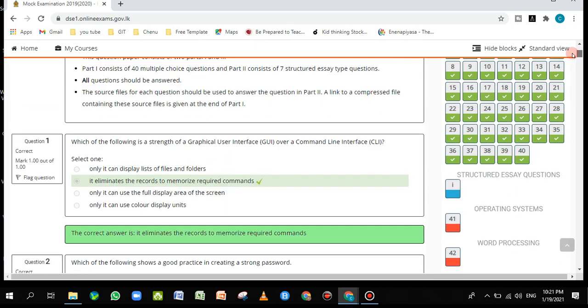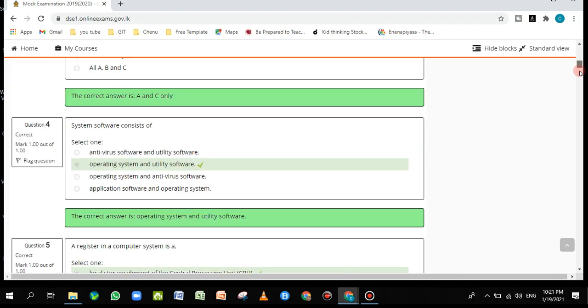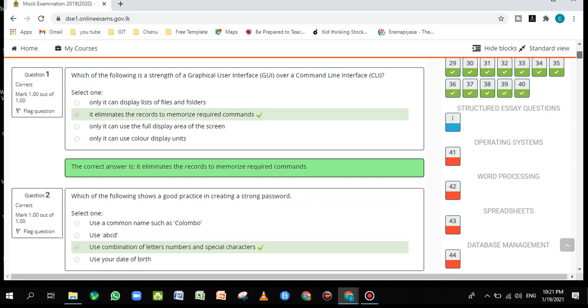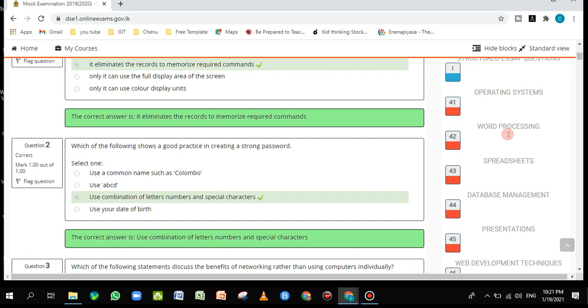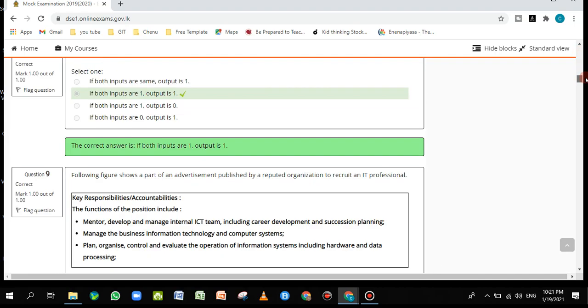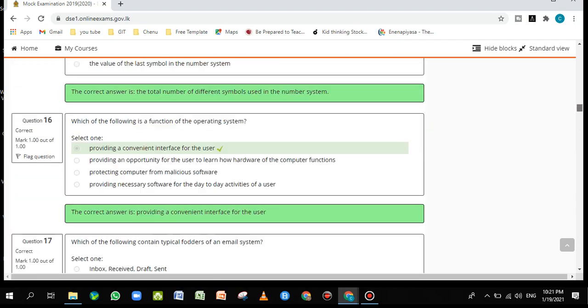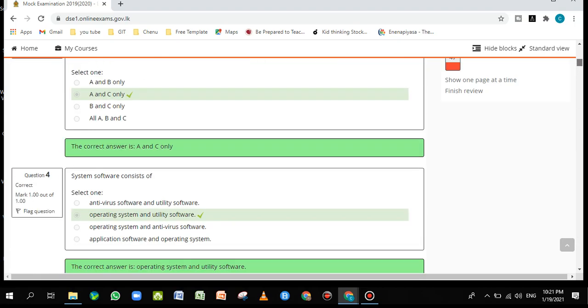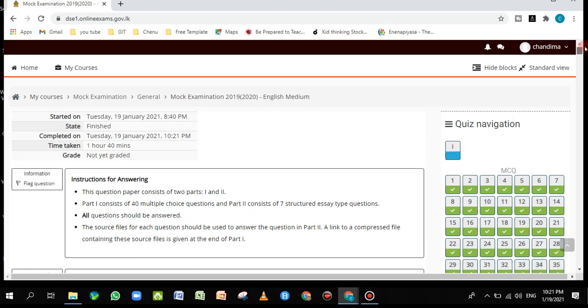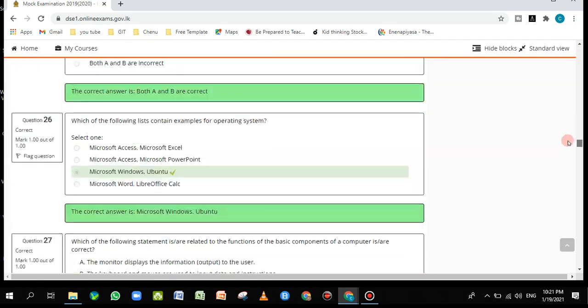So here you can see all 1 to 40 is correct, and then the summaries are, since I have not uploaded the structured questions, it won't show properly. That's why they are showing the red color, because I have not done them here. I have done only 1 to 40 questions.